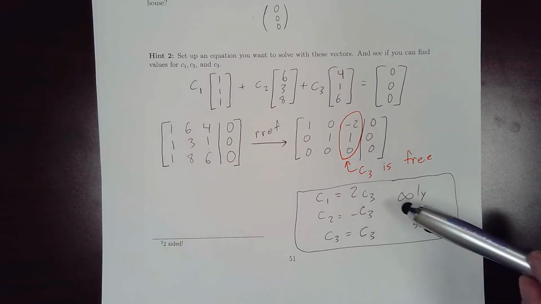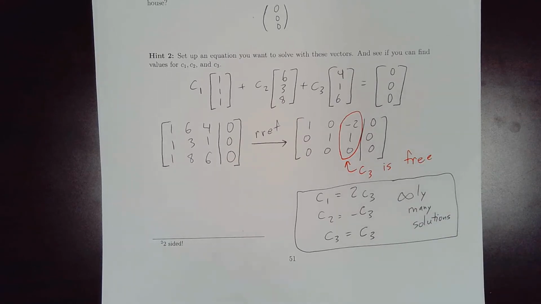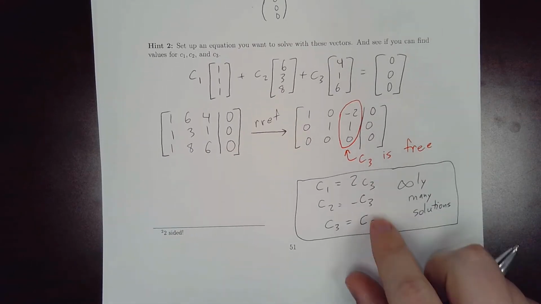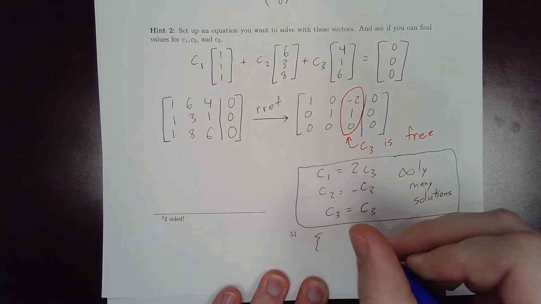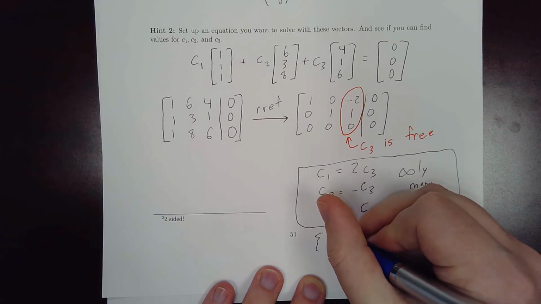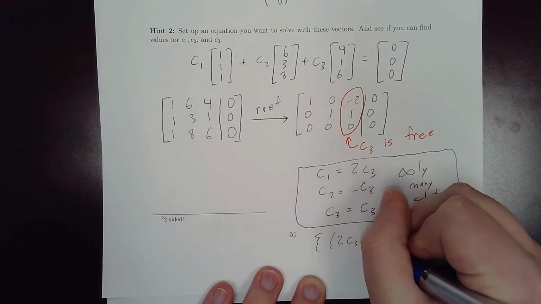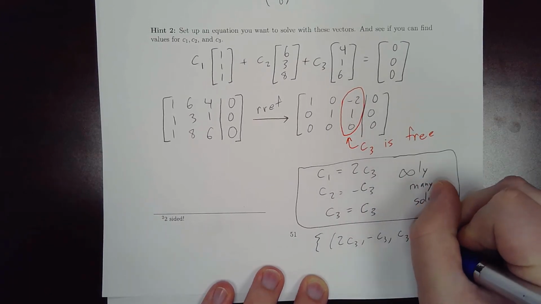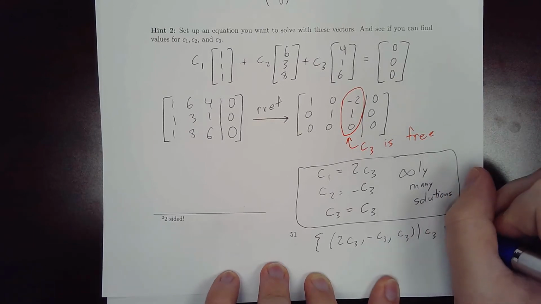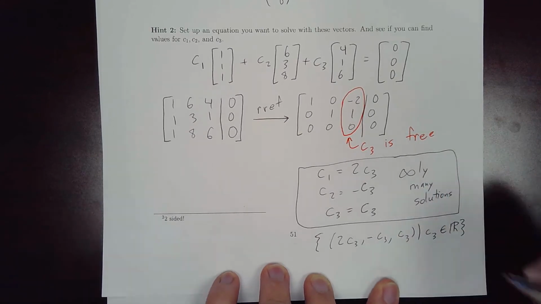Note that we don't necessarily have to choose anything crazy, but everything is going to be based on what we choose for C3. So we could say that this is the set of all 2C3, negative C3, C3, such that C3 is an element of the real numbers.